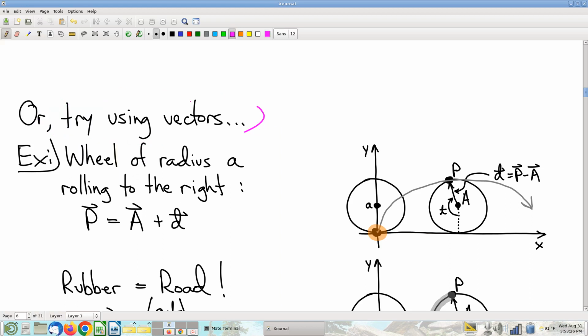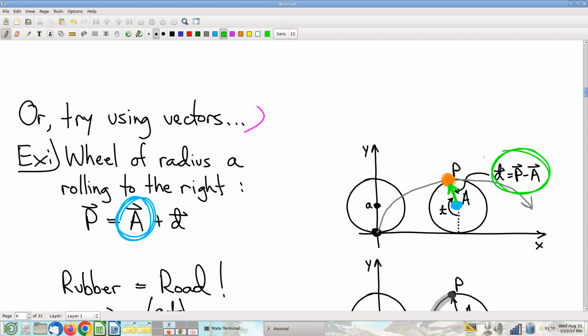In particular, notice that the location of the reflector, let me do it with the colors, I can break that down as the location of the axle of the wheel, which I'm calling A, plus, I'll use green here, plus this difference there.